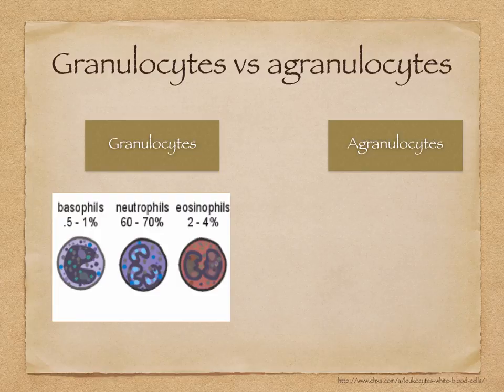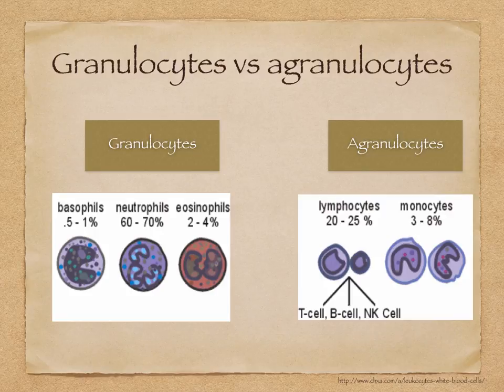Their cytoplasm has little granules in it. And then agranulocytes include lymphocytes and monocytes. Just quickly, basophils make histamine and heparin, and eosinophils have antihistamine properties.